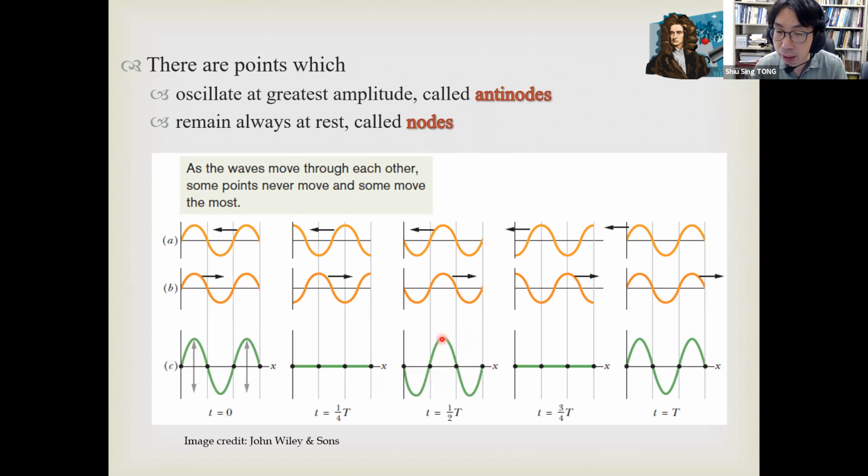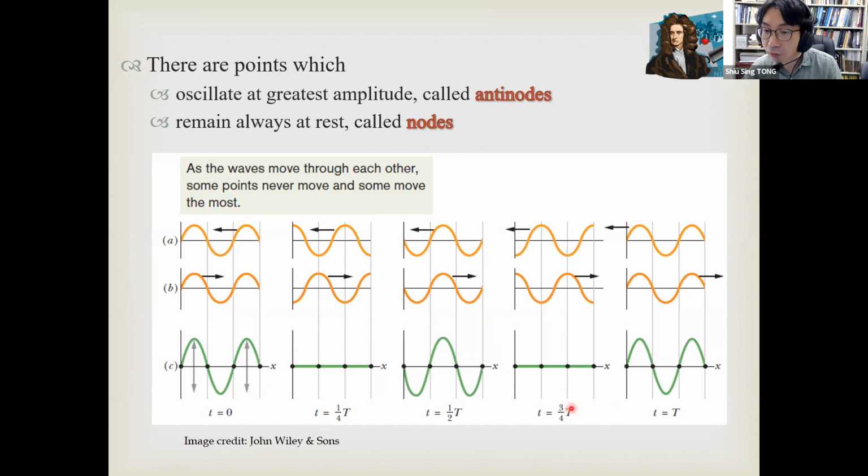But now the middle one is the peak, and these two are the troughs. So you can see that the alternate positions of antinodes vibrate in antiphase. When one goes to maximum, the other goes to minimum. When the other goes to maximum, the original one goes to minimum. So it vibrates something like this.